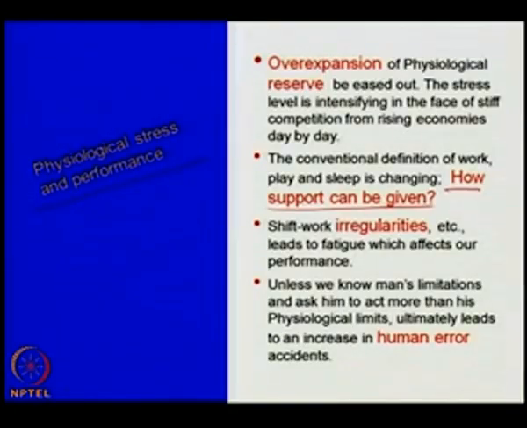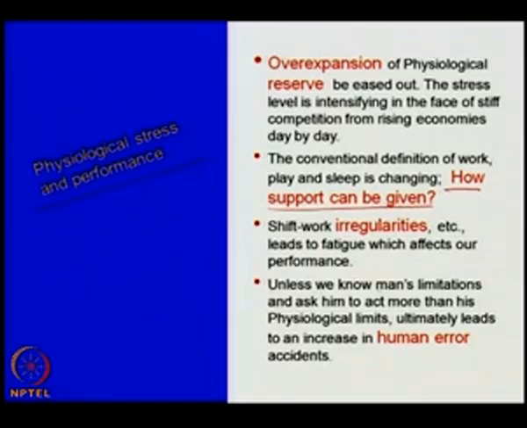A certain design that may be good for an adult may not be equally good for a young child. So, what are the differences to be maintained? Shift work irregularities in industries etc. lead to fatigue which affects our performance.